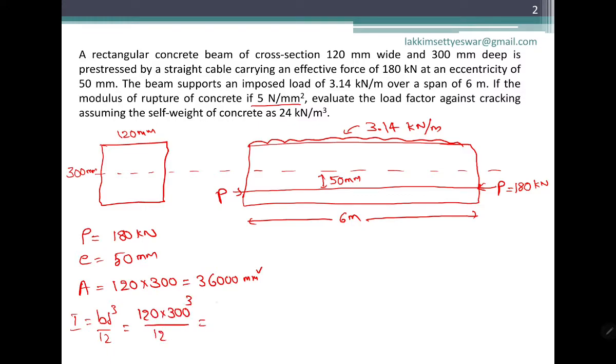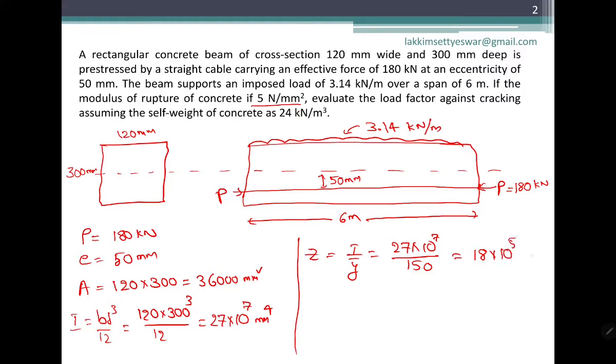So moment of inertia value is 27 into 10 power 7 mm power 4. Next, section modulus Z is equal to I divided by y. 27 into 10 power 7 divided by y value 150, that is equal to 18 into 10 power 5 mm cube.